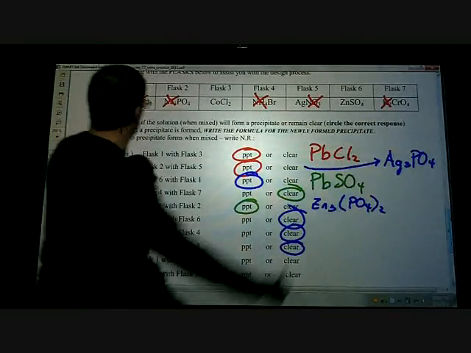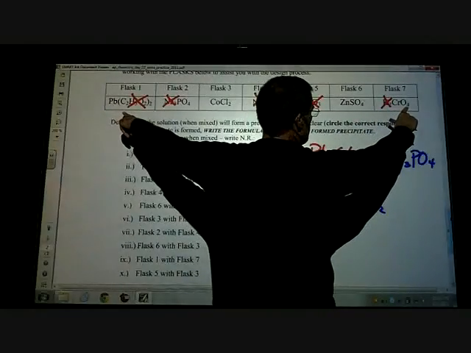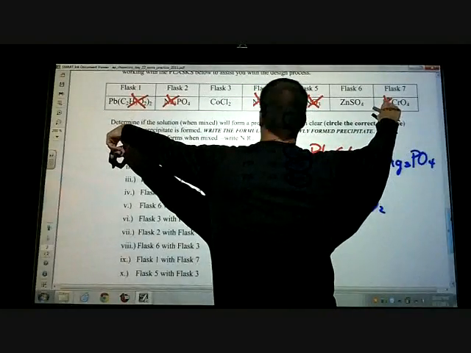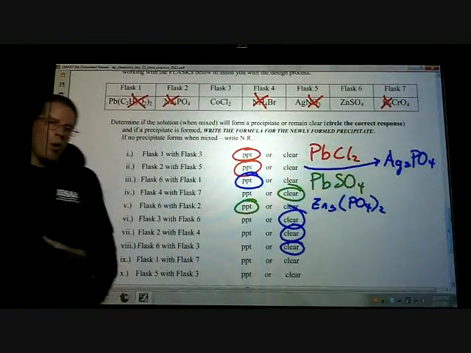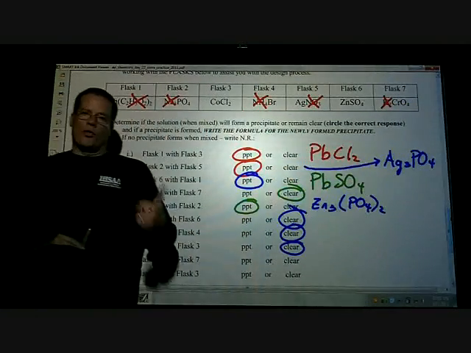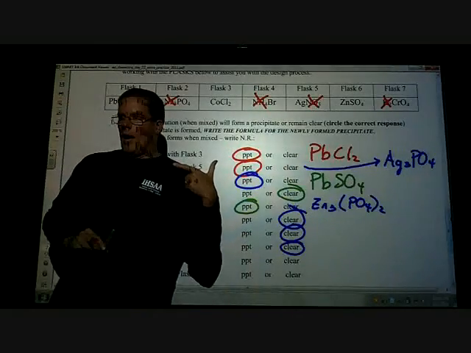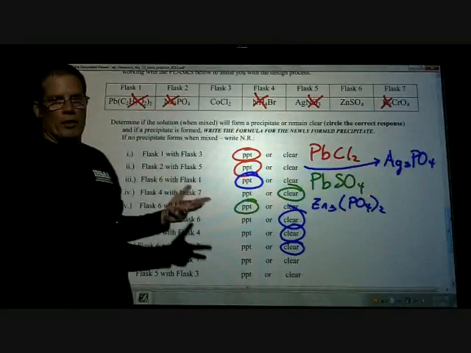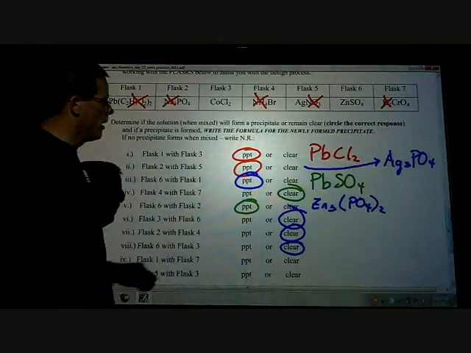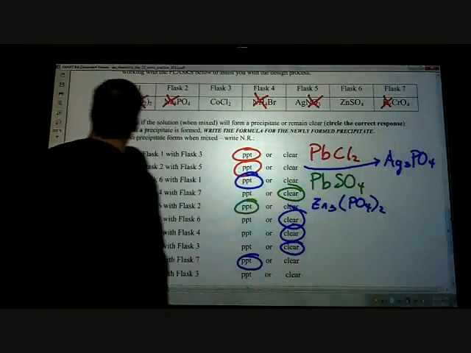1 with 7. Okay. Lead chromate because the potassium's out here and the acetate's out of here. So we have to ask ourselves, will lead chromate form a PPT? All sulfides, carbonates, phosphates, and chromates are not soluble except with group 1A and ammonium. So yes, we do have a PPT.